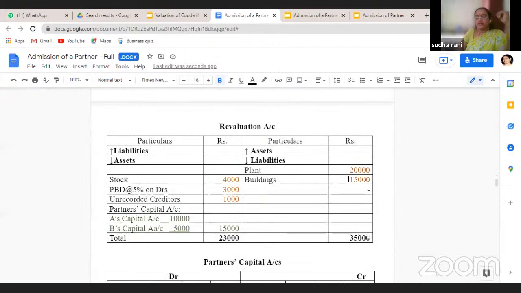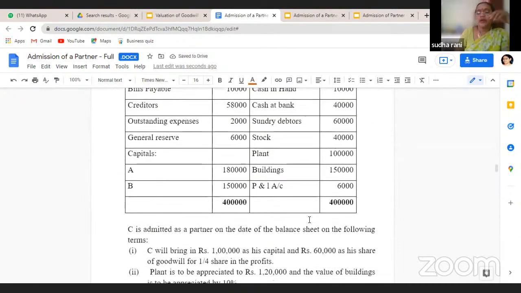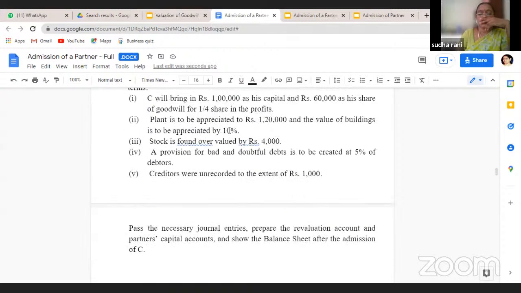One second, children. Here it is first 3,000 now. 23,000. If I change the values, question will not get ready. 3,000 buildings appreciated in the sense 2%.